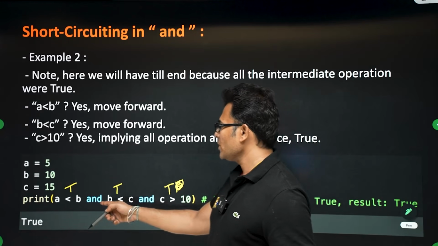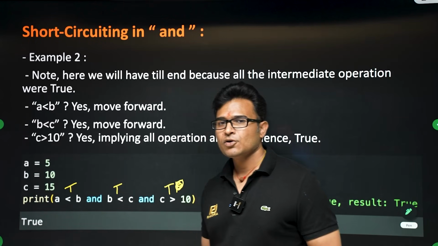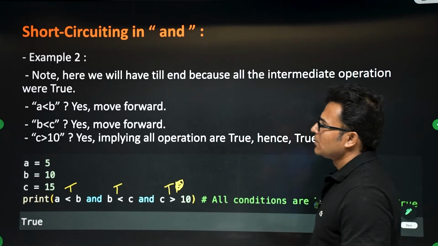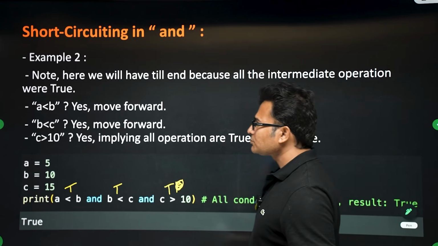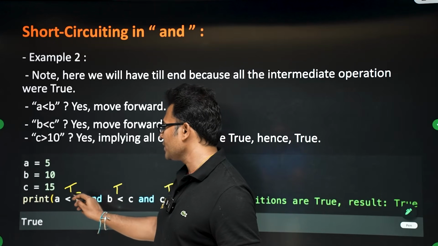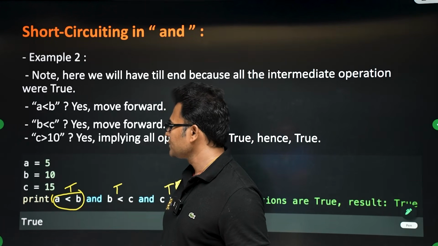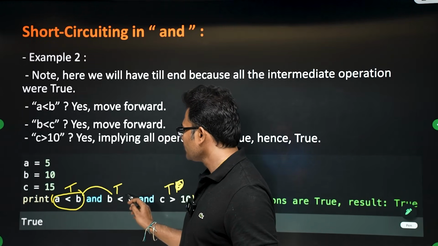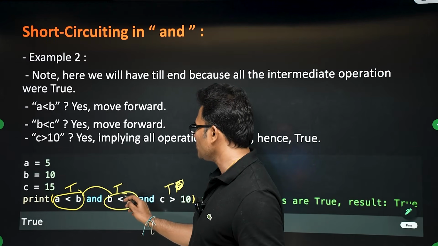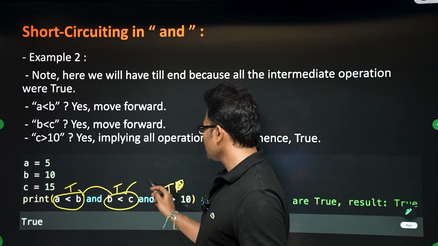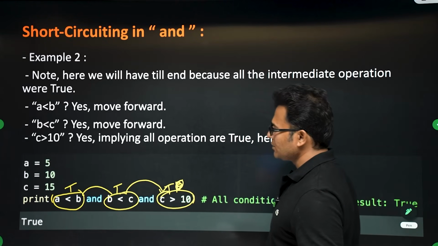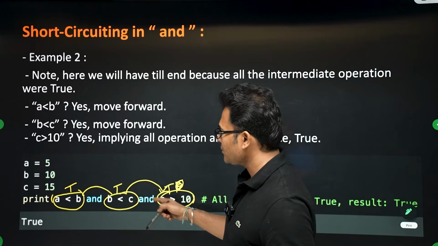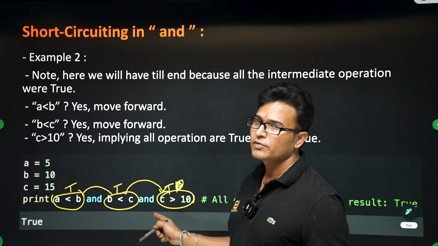So when all of them are true, all the conditions have to be evaluated. What did we do? We checked if A is greater than B. Yes, so we moved forward. Then we checked B against C, then we moved forward. Then we checked A against C. In case any one of them happens to be false, we will not move forward.